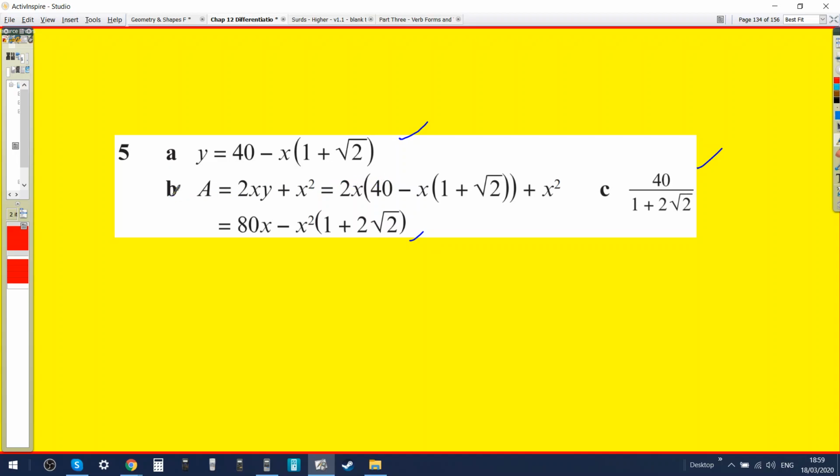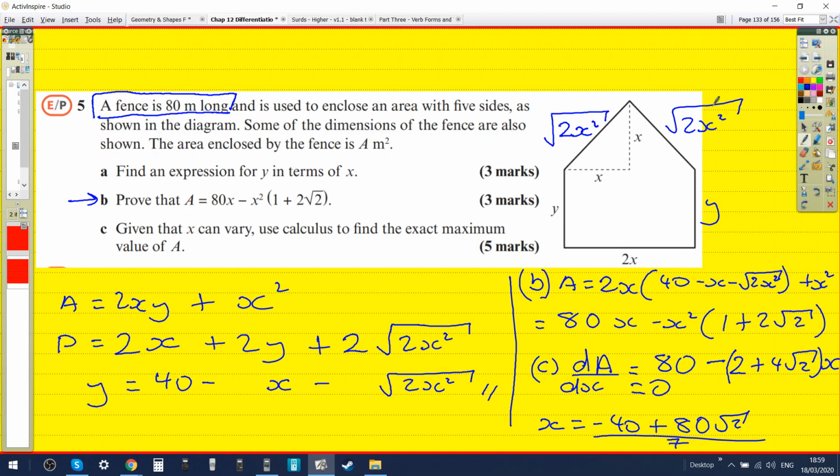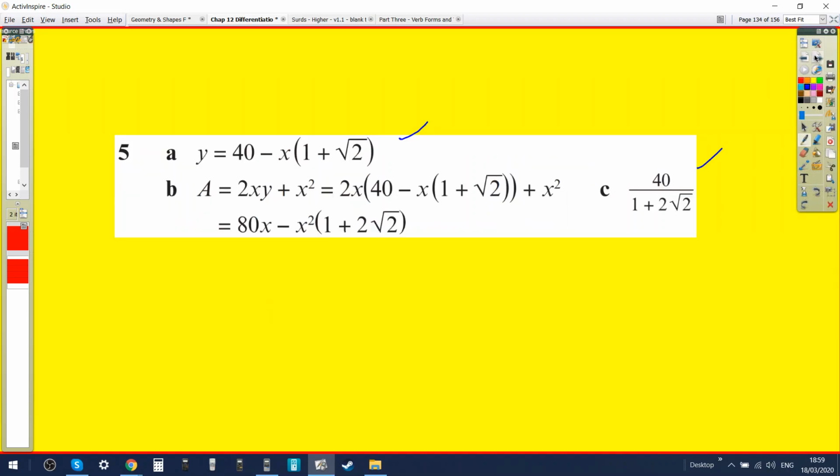Yes, part B, you'll notice they got no extra marks for expanding it. Area is 2xy, they subbed that in for y, and then said that's their answer. It's a three mark question, so there's no extra marks for expanding.